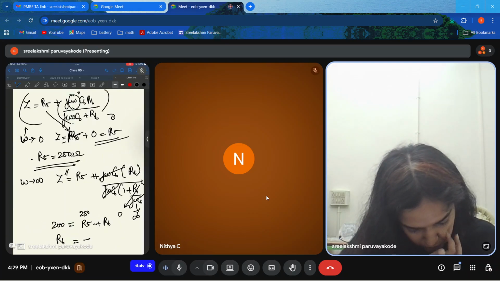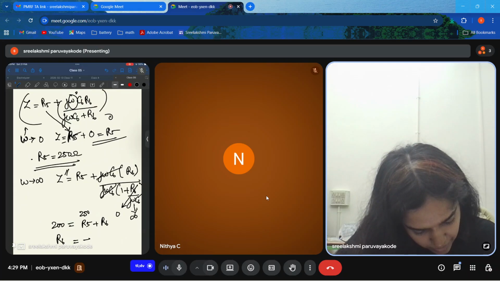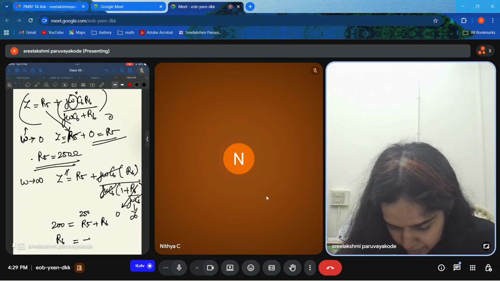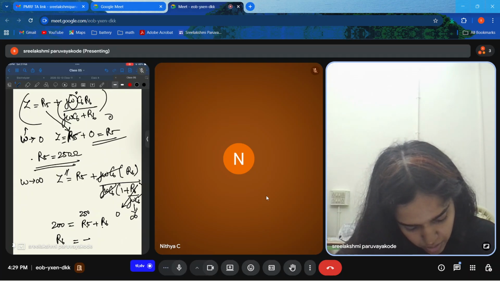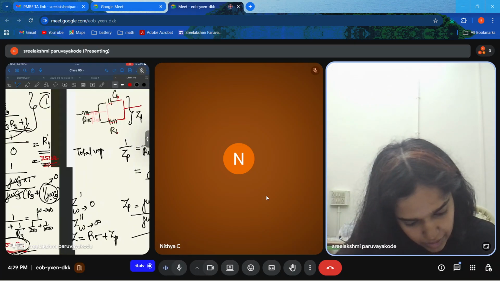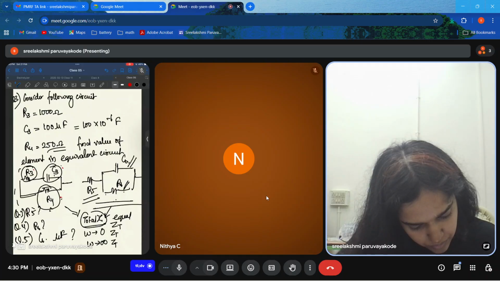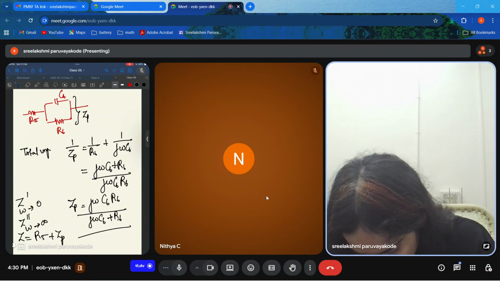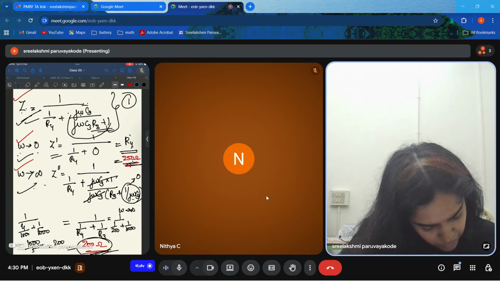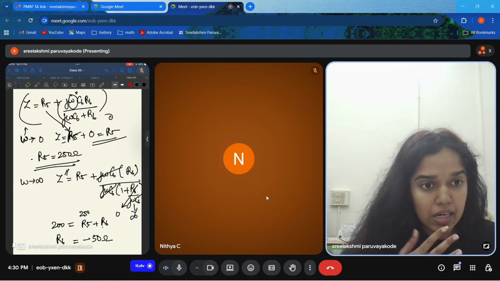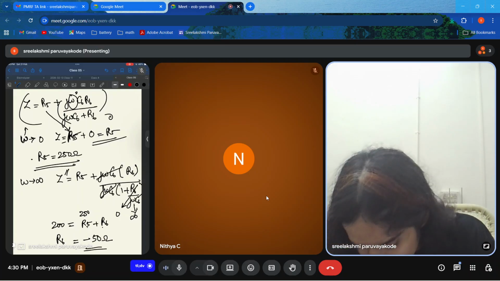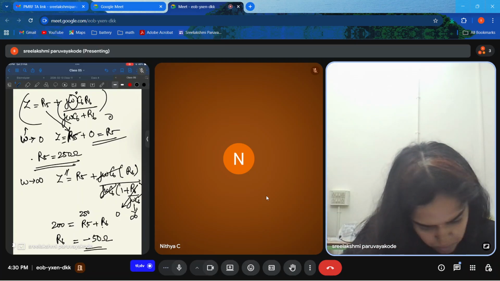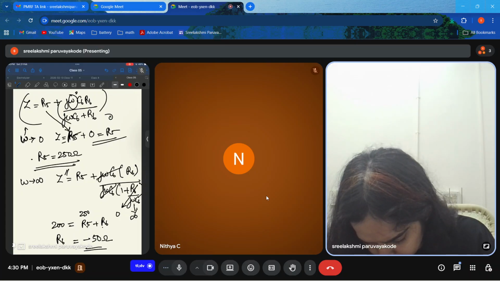Yeah, so that's 200 ohms. And we know this R5 is 250, right? R6 value is supposed to be minus 50 ohm. This is the value I'm getting. But I'm not sure. In the solution, it is given as 50, but I'm getting a negative sign. I think I have done this right. I may have to check again and then I'll get back to you. At least in the question, it's not given as negative. That's what I'm checking.